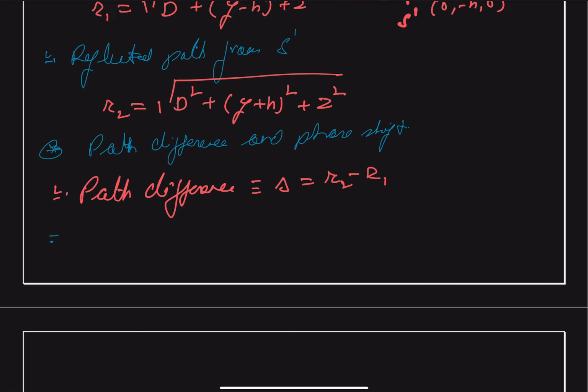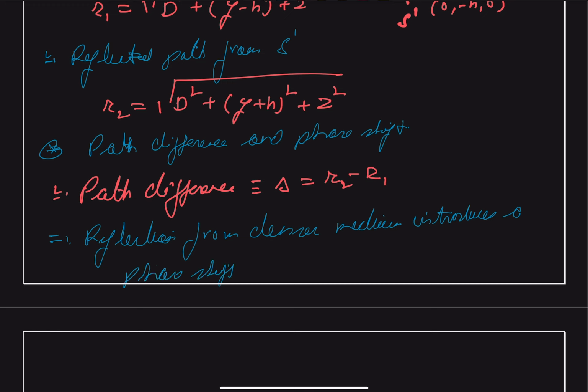So you can say that reflection from a denser medium introduces a phase shift of pi, which can also be said as a path difference of lambda by 2.